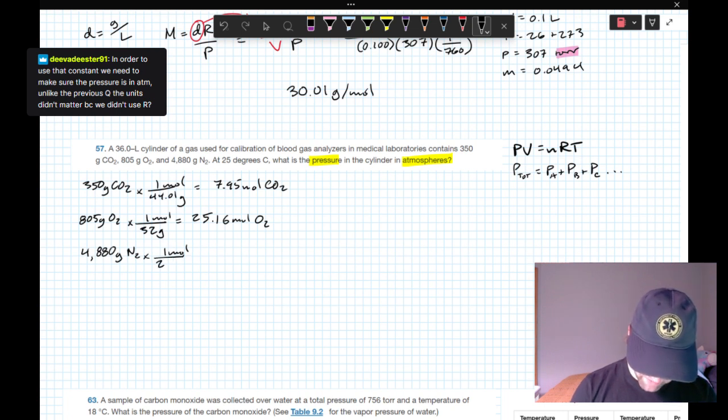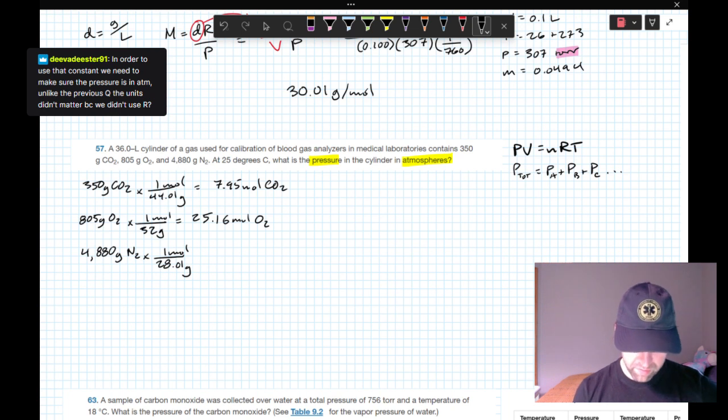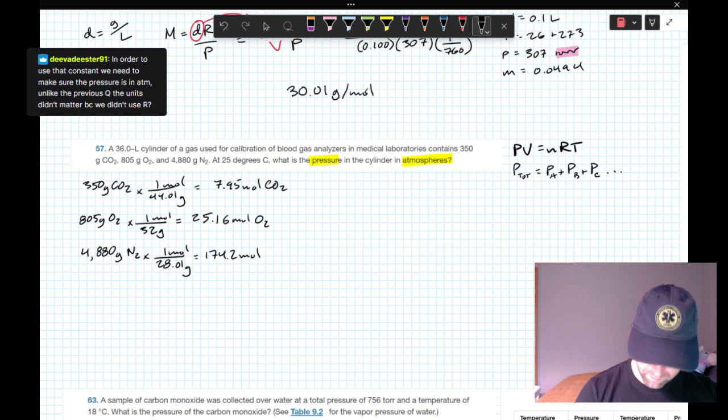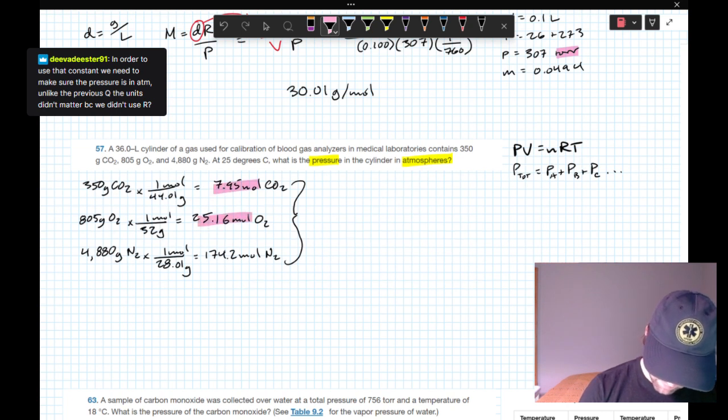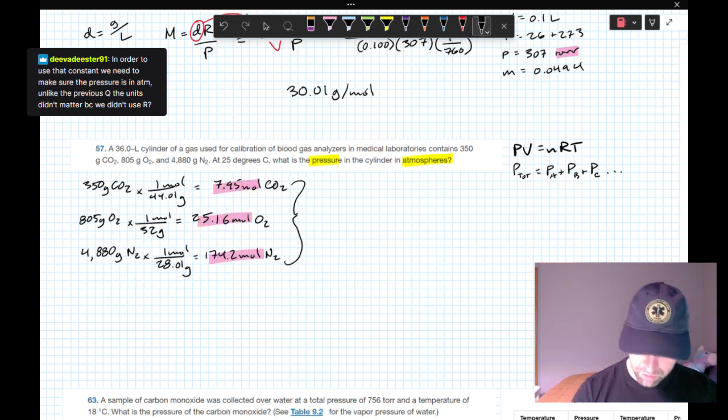Because these are all diatomic gases, when you look up their atomic masses, make sure that you double them to get the appropriate conversion. This is the total moles of gas in the chamber.